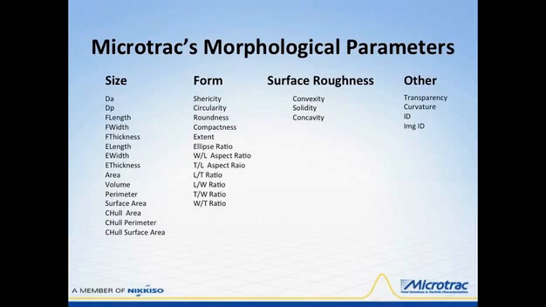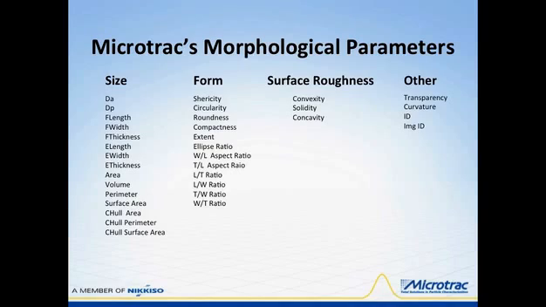This is the set of parameters that Microtrac reports for its Partan dynamic image analysis product line. Rather than go into each in any detail, I'll describe in four general terms, the column headings, what they measure. First, of course, is size. We give you 15 different size measurements of each particle in various diameters, lengths, widths, thicknesses, and more.